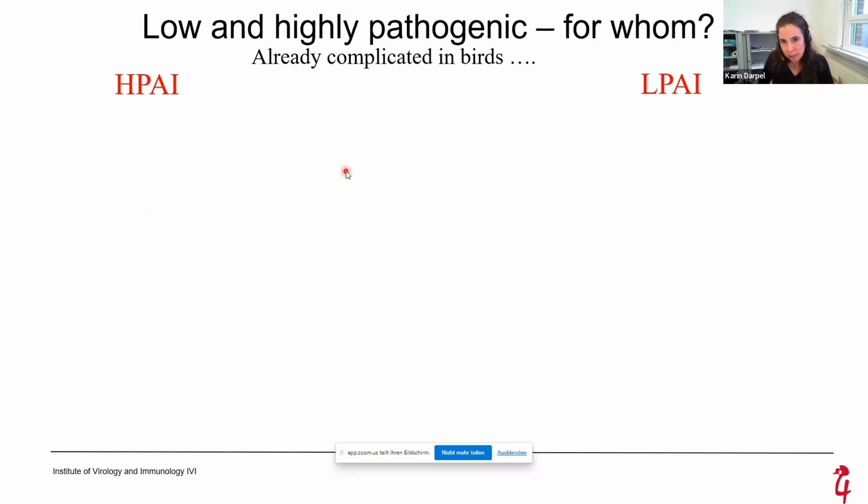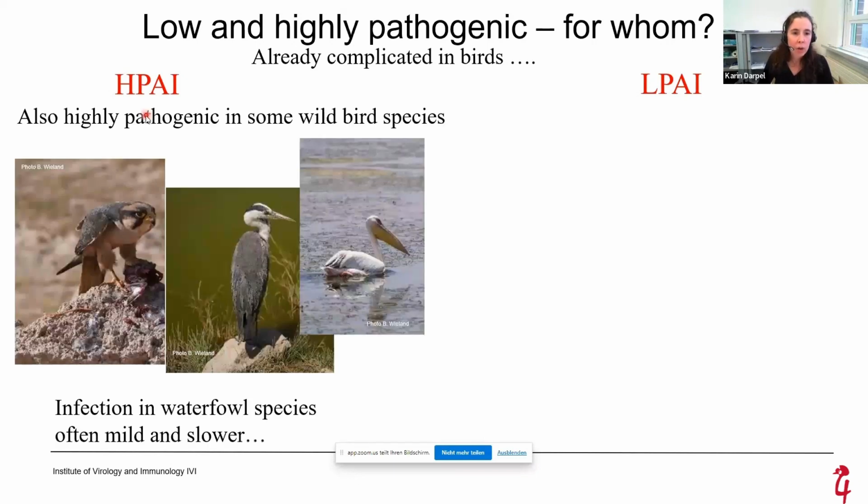But even in birds, the clinical picture we actually see is more complicated. So yes, highly pathogenic avian influenza strains lead to significant disease also in some wild bird species, but still it can cause infection in waterfowl species, which is often milder and slower.